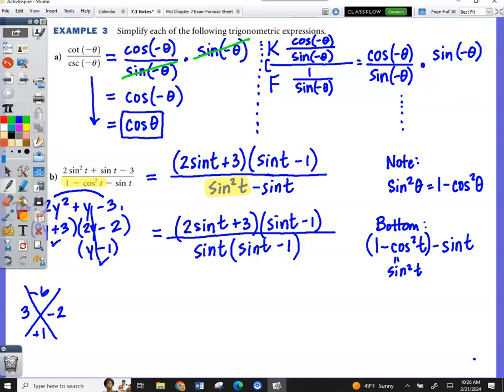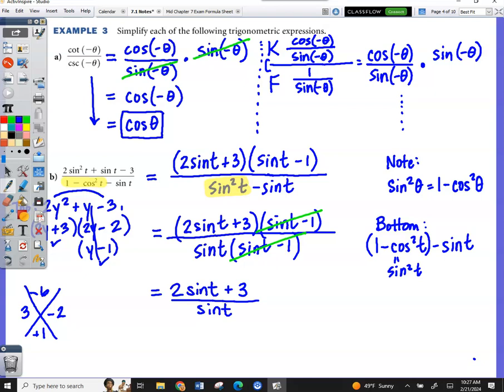Because this is a block, an entity, surrounded by multiplication right here, and these blocks match, then they can cancel. This cancels with this expression. And I'm left with just 2 sine t plus 3 over sine t.